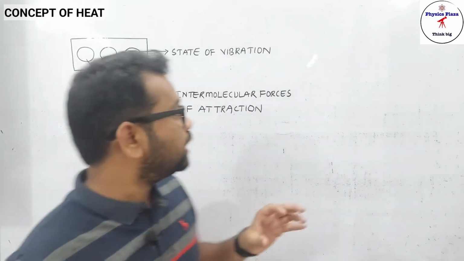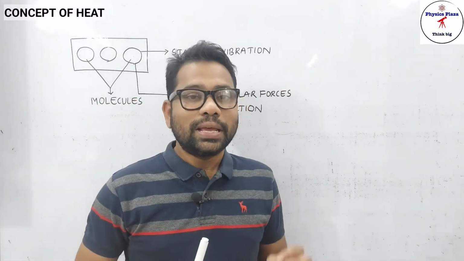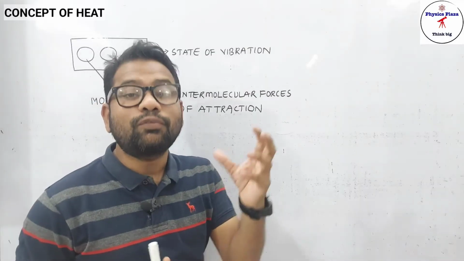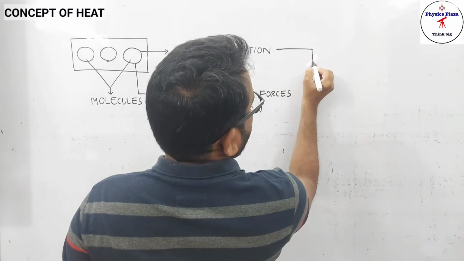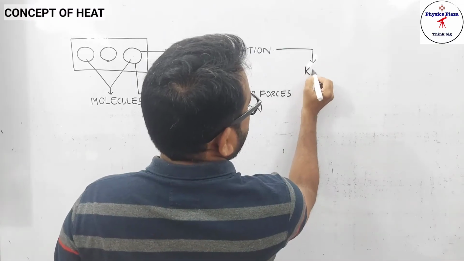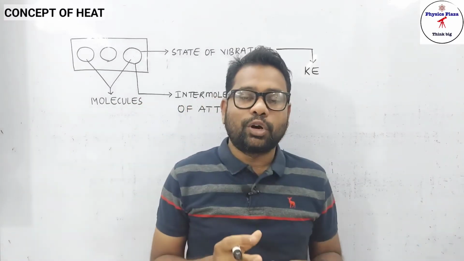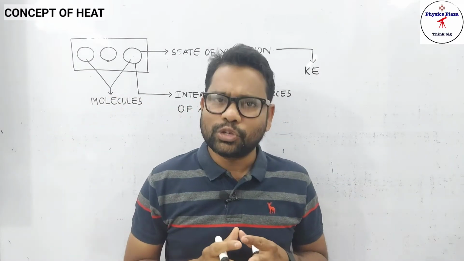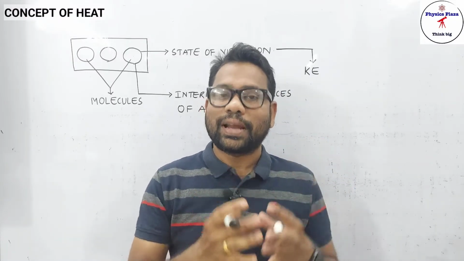Okay, fine. Children, each and every molecule in the substance is in a state of vibration. Due to this state of vibration, each molecule will possess some kinetic energy. At the same time, each molecule will exert some force on neighbor molecules, which means there are intermolecular forces of attraction.